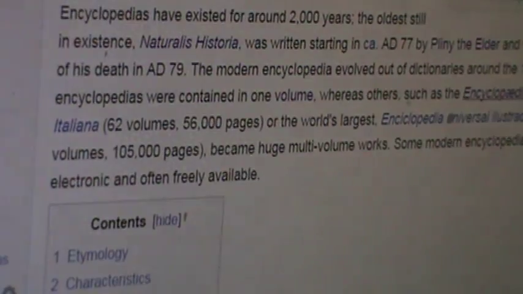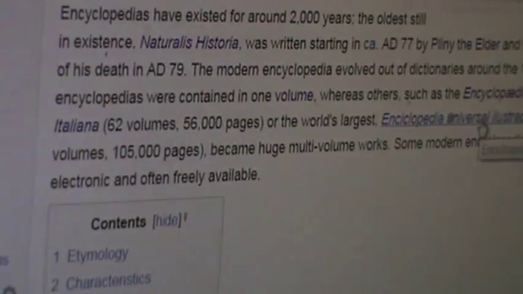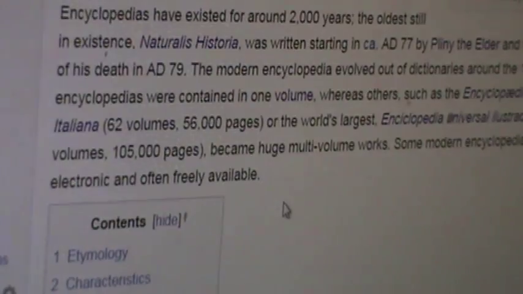Encyclopedia Britannica. Might as well dig in, kids. Or the world's largest, Encyclopedia Universal European. A little information for you?